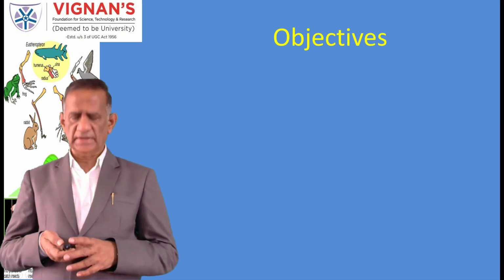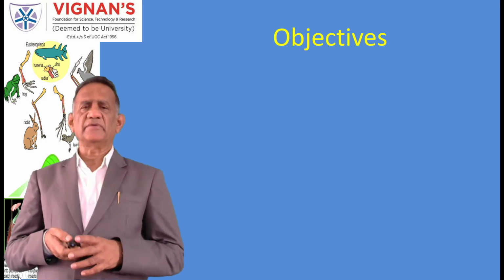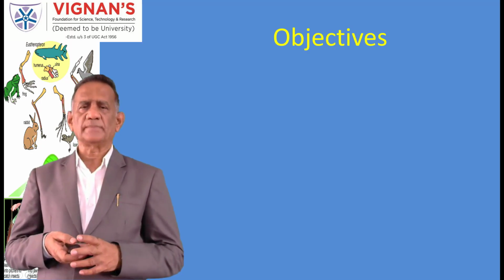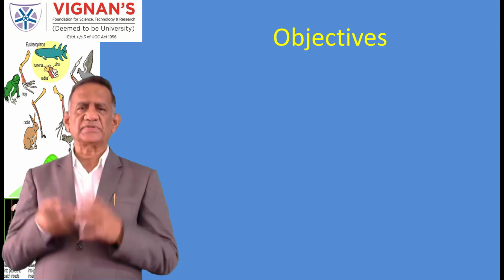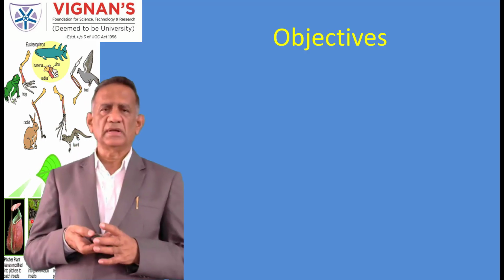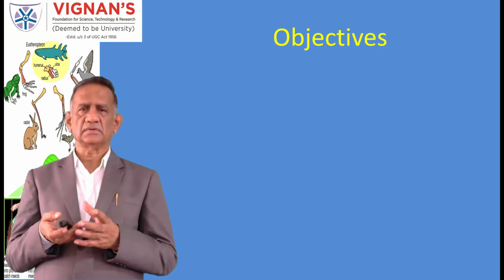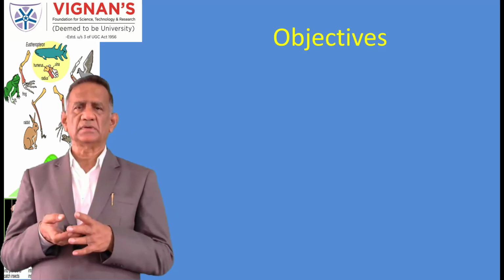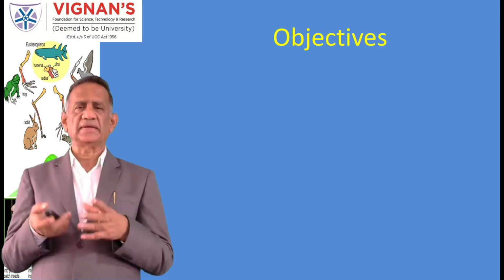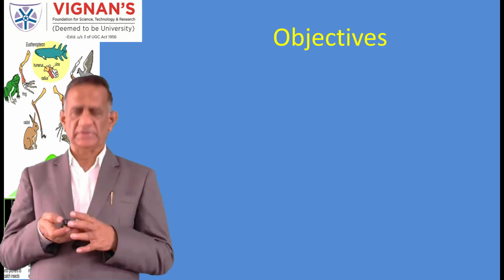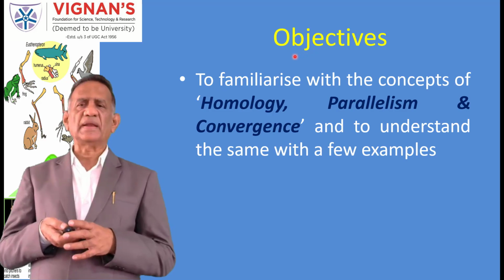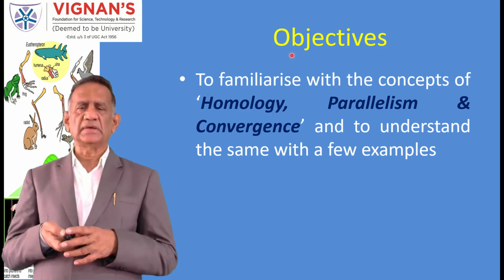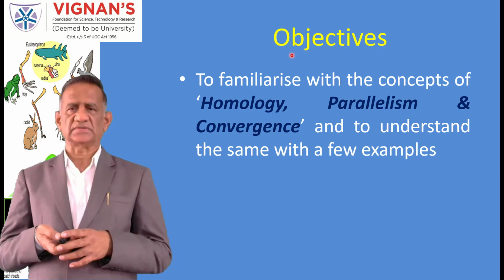So just now we have seen the animated video on parallel evolution, the graphical representation of divergent evolution, parallel evolution, and convergent evolution. Like that, the speciation happens. Now let us see the details of all this, to familiarize with the concepts of homology, parallelism, and convergence.